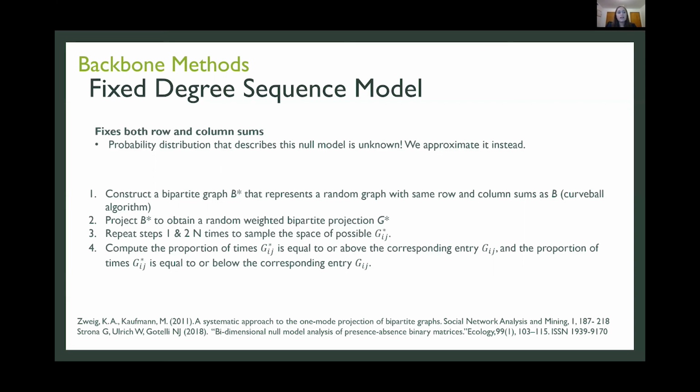And then we check how often our observed value was above the values that we got in our random projections. So again, think back to the example where we had the normal-looking distribution. We want to see, is our value falling above what we get in all these random trials or below it?